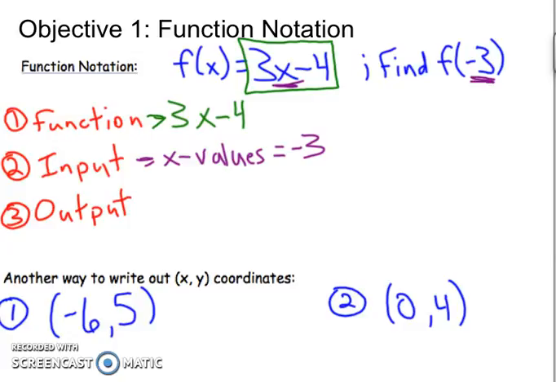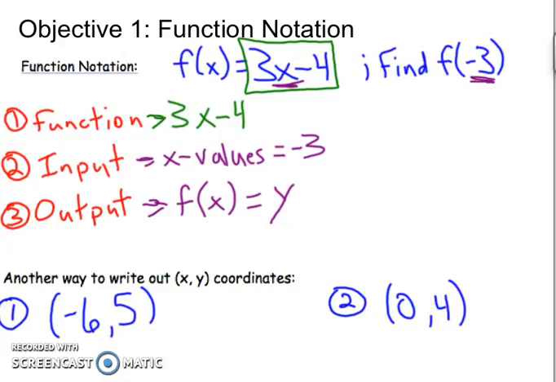And finally, the output is whatever that's going to equal if we actually did the math. But in this case, the output is special because it can be written two ways. It can be written as f of x, g of x, h of x, z of x, it doesn't matter, a letter of x. In that, f of x also equals the more common variable, y.